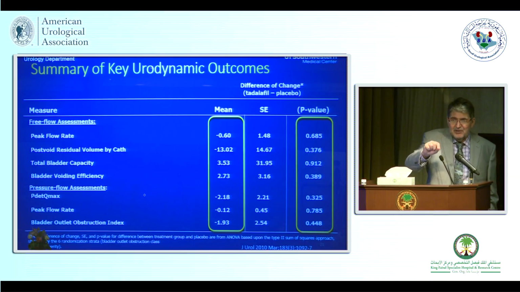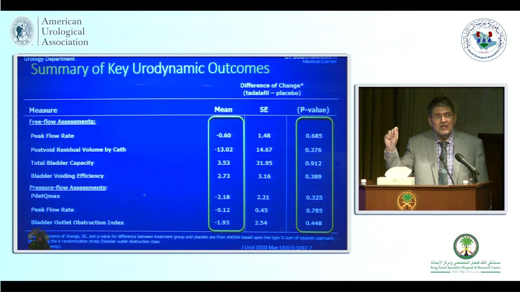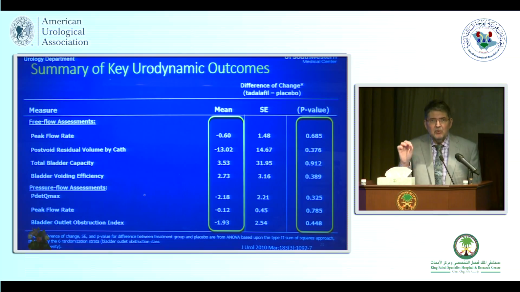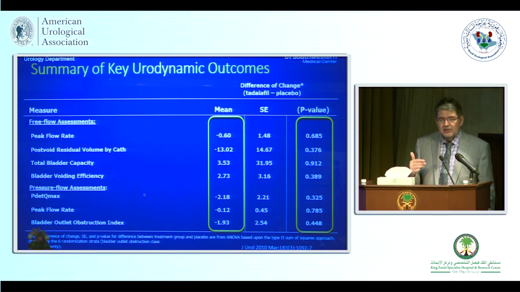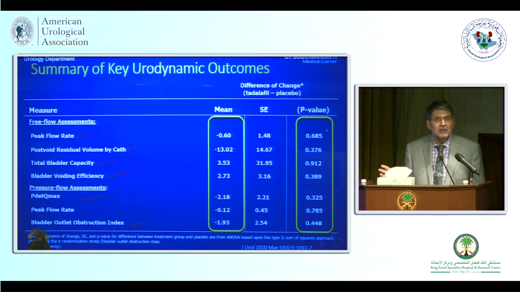And I'm going to address one of the questions you asked. That study had not a single p-value. The study was published on the strength of being an extraordinary, well-executed scientific trial, but it showed the feasibility of doing invasive urodynamic testing in multiple centers, and it showed, shockingly, that no parameter, peak flow rate, residual urine, voiding efficiency, PDET at Qmax, bladder outlet obstruction, was statistically significantly different between placebo and tadalafil 20 milligrams.